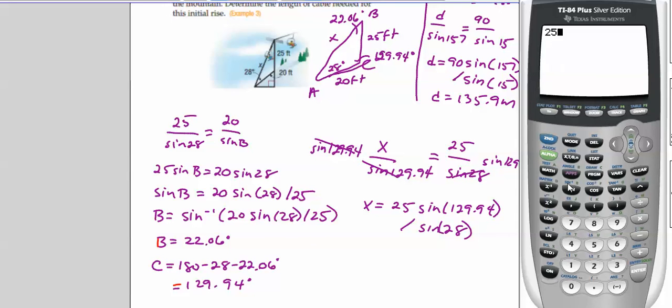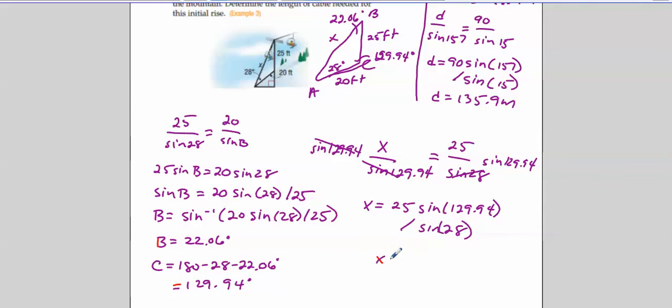So 25 sine 129.94 divided by sine 28. So we get about 40.83 feet.